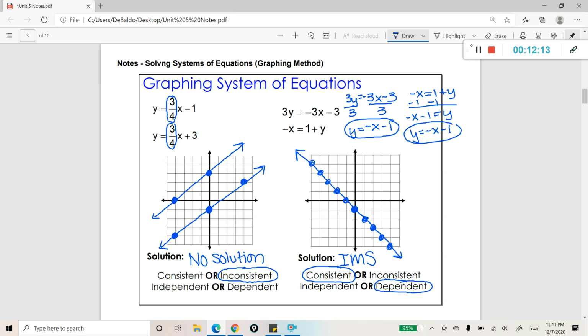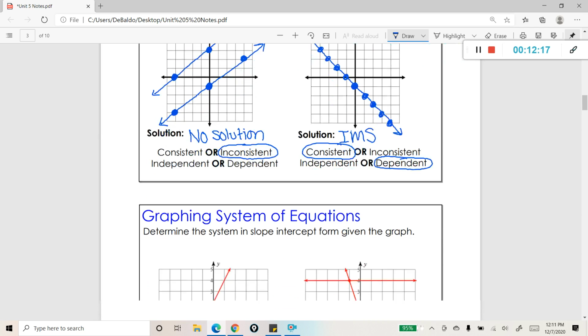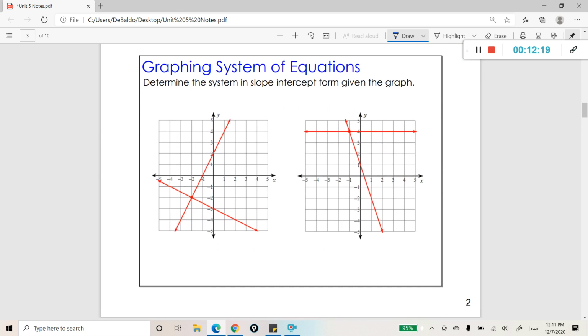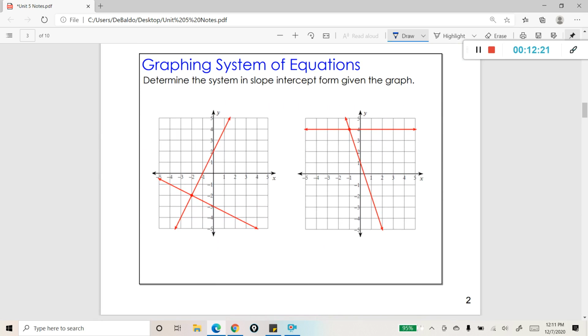So those are the different types of systems that you'll encounter. I do want to take a look at one more thing, and it's just kind of going backwards. So here we're actually given a graph, and we want to figure out what is the system that is represented. So looking at these two lines here, let's begin with this one in blue.